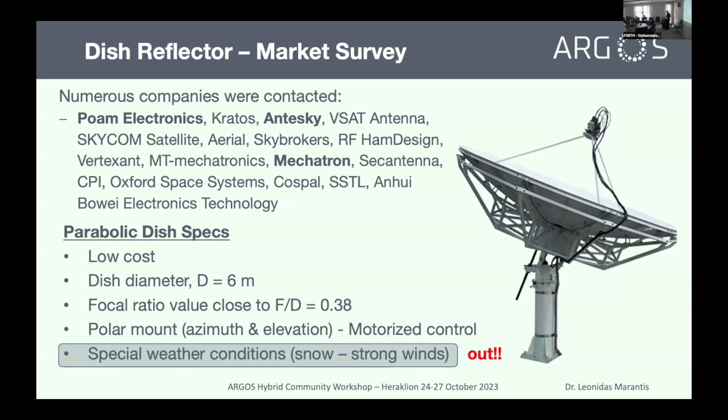And the guys from the forest told us that there are really strong winds there and snow for a few months during the year. But now that we have performed some RFI measurements during the summer, it seems that this location is not the best candidate. So maybe the last spec about the special weather conditions is out now.